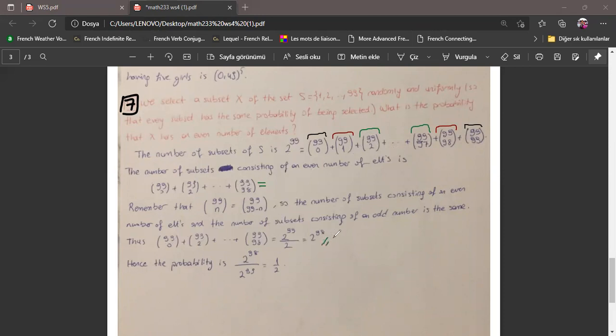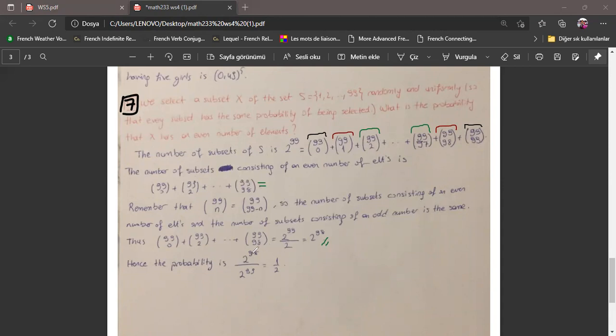So this gives us the number of subsets of S consisting of an even number of elements. And the number of subsets consisting of an odd number of elements is the same. They are the same, as you see here.